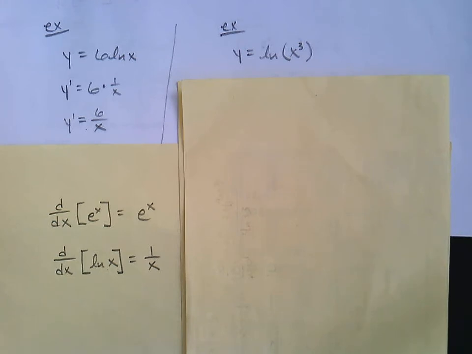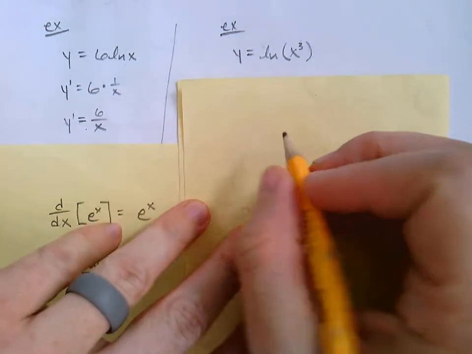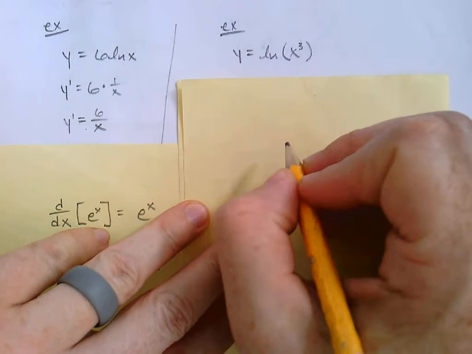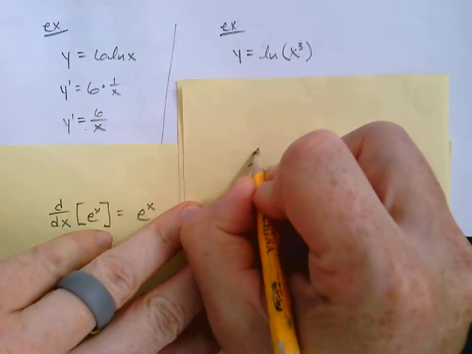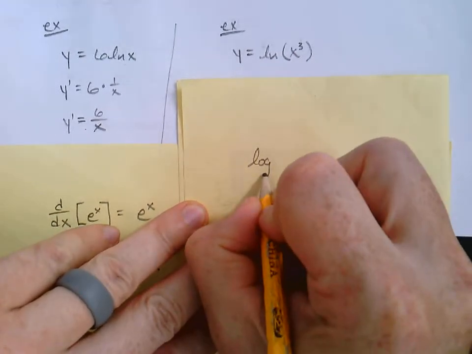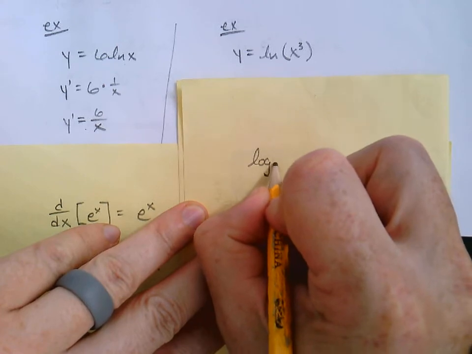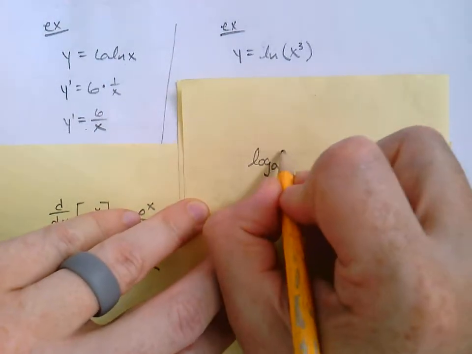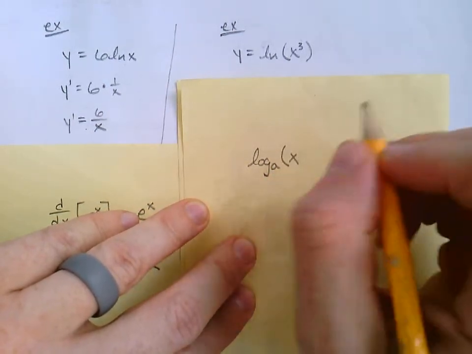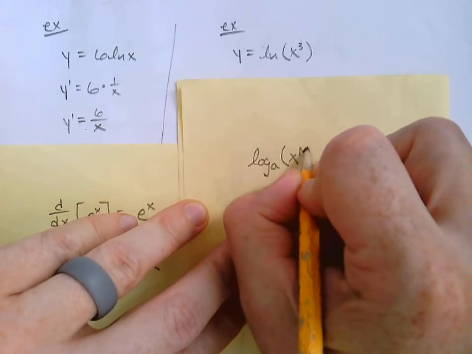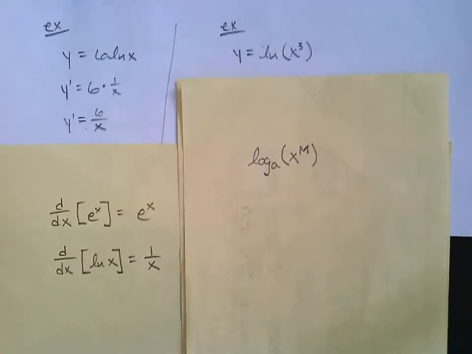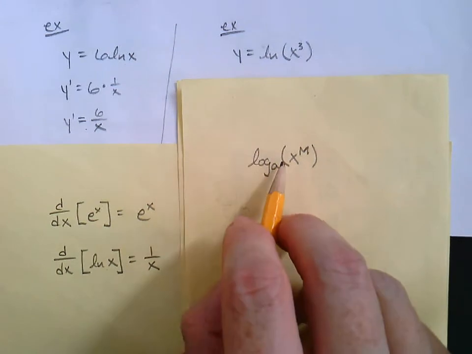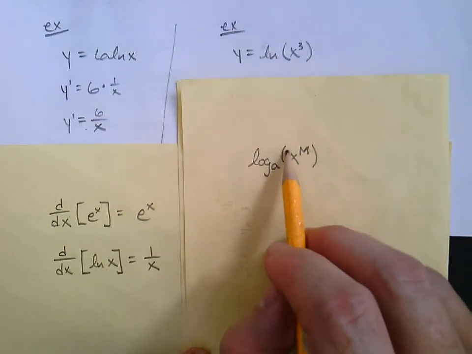So it turns out there are some properties of logs that you learned back in algebra. One of them was, if you've got the log, sometimes you see the log of base a, let's say, of x to the m. Sometimes you see these kind of letters. We call what's inside here the argument.